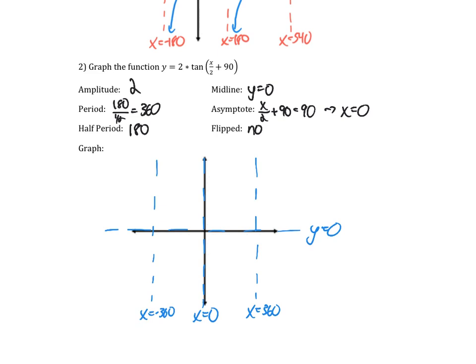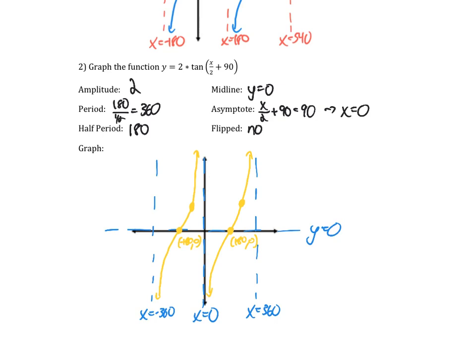I know my midline points are going to be halfway in between, so I'm going to have 1 point here at 180, comma 0, and 1 point here at negative 180, comma 0. I know my graph's going to take that snake-like shape, just like that.